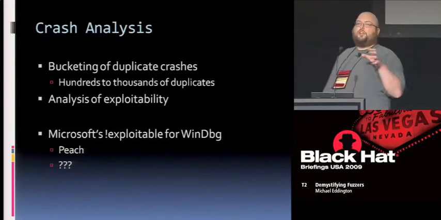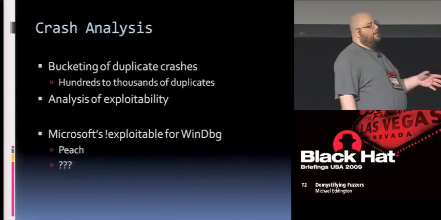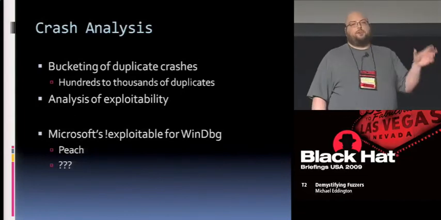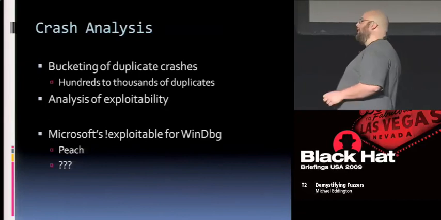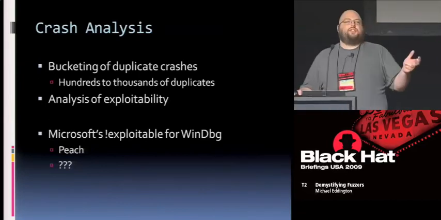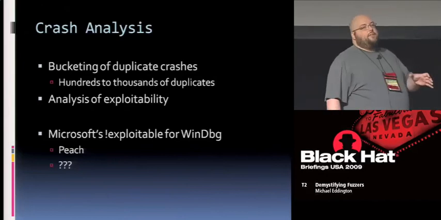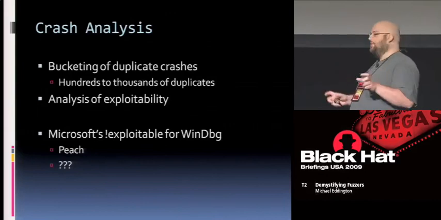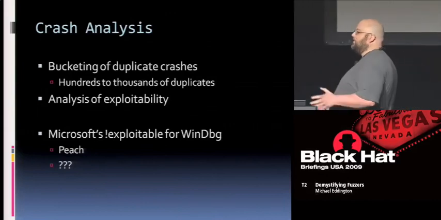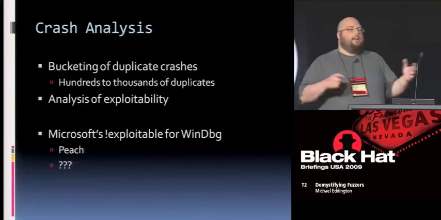Then the next level, it'll say, we don't really know what this is, but our taint tracking says that we used some sort of bad value in a branching condition that led to a read AV. We don't really know if that means it's exploitable or unexploitable, but you should check it out. The next level is that it gives you minor and major hash IDs, loosely based around the stack of the program, for bucketing exceptions together.